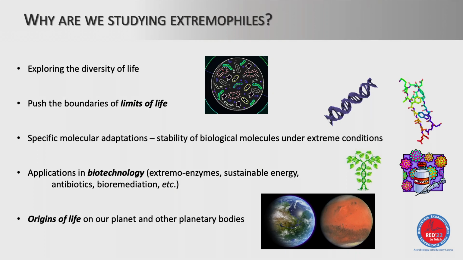Because they can cope with heavy metals and high radiation, we can use extremophiles for bioremediation of polluted water, for example. And because those extremophiles can grow in really harsh conditions, like on early Earth, we can think about extremophiles with the origins of life, and maybe on other planetary bodies.